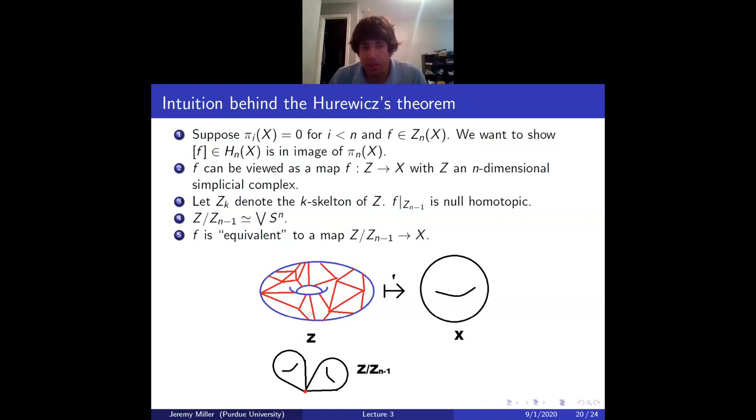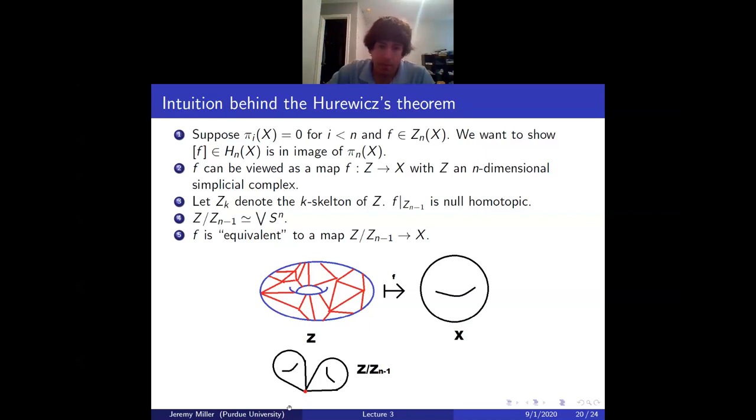So if you take an n-dimensional simplicial complex and mod out by its n-1 skeleton, you get a wedge of spheres, one for each top cell. Then you look at F on these spheres and add it all up.